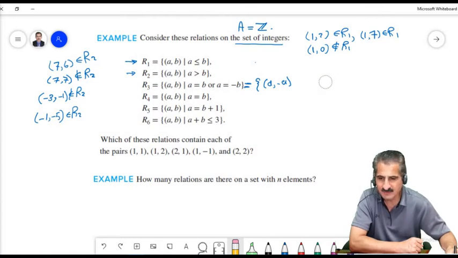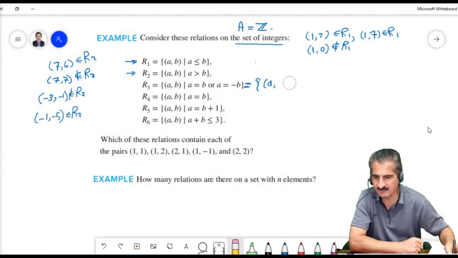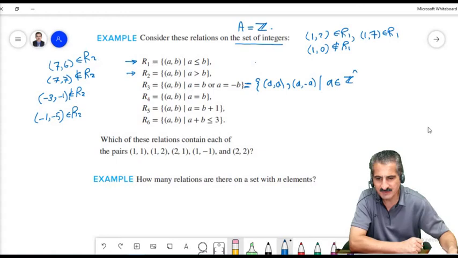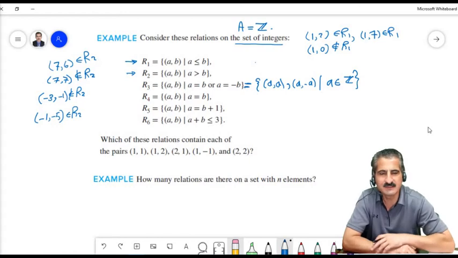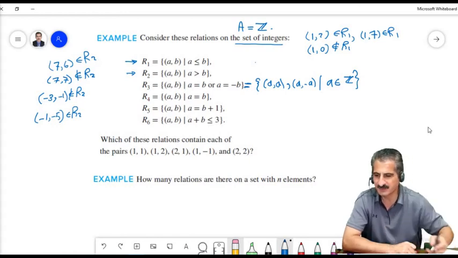So I will say it consists of (a, a) and (a, -a), where a is an integer in Z. So every element is related to itself and is related to its negative image. Otherwise, ordered pairs will not be in this relation R3.